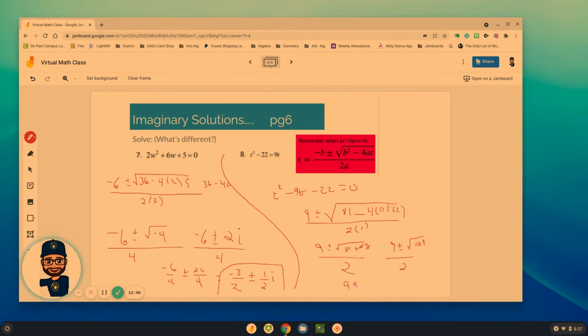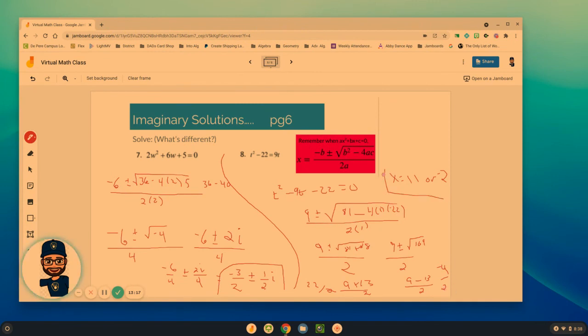So we're going to calculate 9 plus 13 all over 2, and then we're going to calculate 9 minus 13 all over 2. Or we get x could equal 11 or negative 2. 22 over 2, which is how I got 11. Negative 4 over 2, which is how I got negative 2.